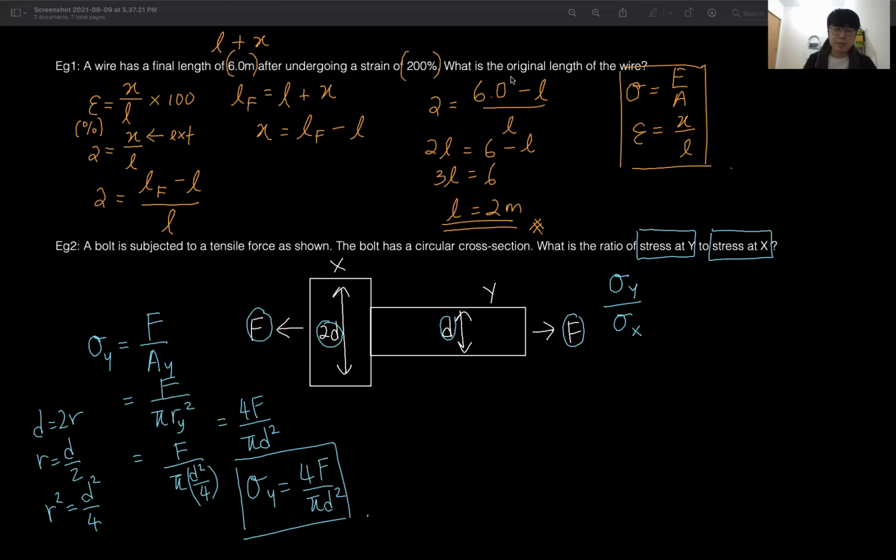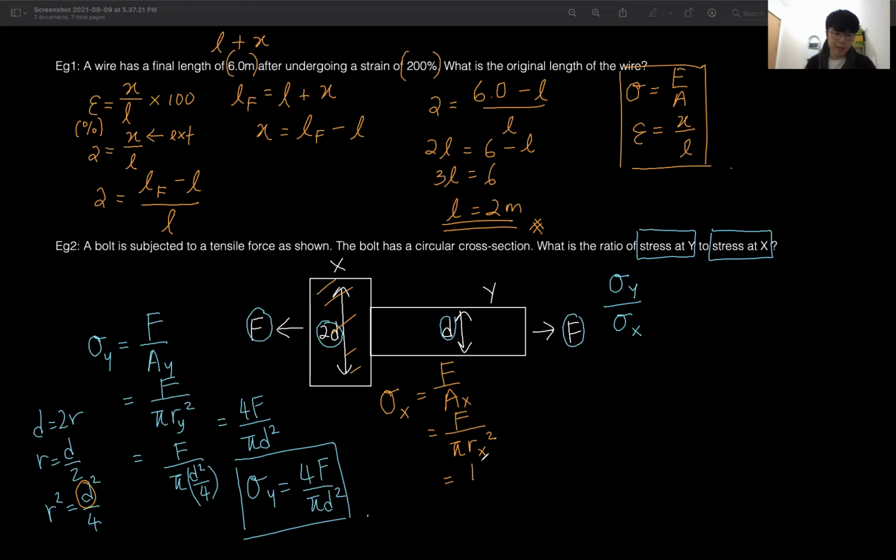Now, how about the other one? For material X, which has twice the diameter, we calculate the stress. Stress X equals force over area X, force over pi r x squared. Again we substitute d squared over 4, but this is 2D, so the d is 2D.